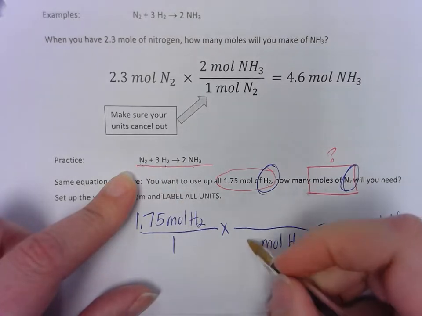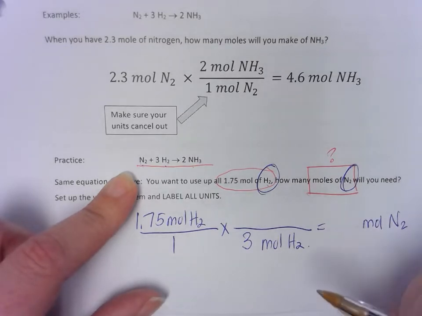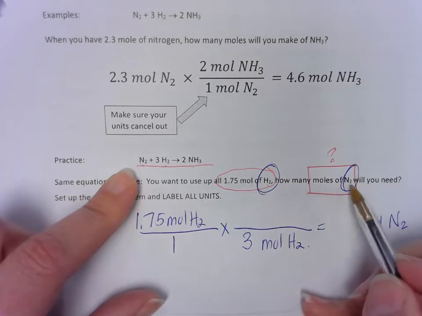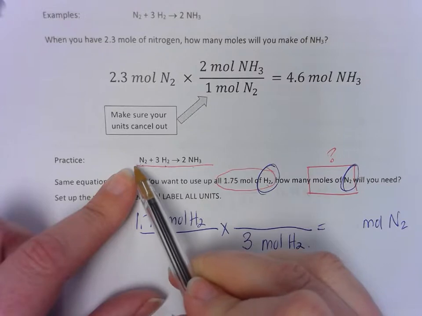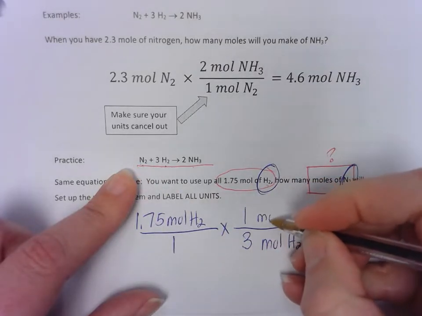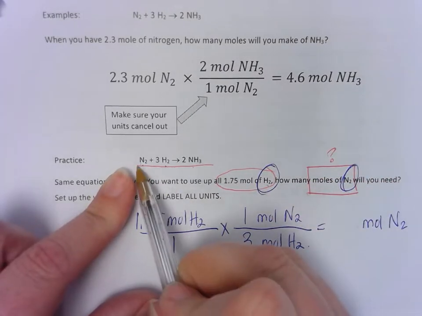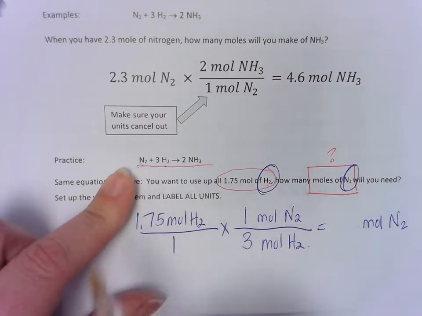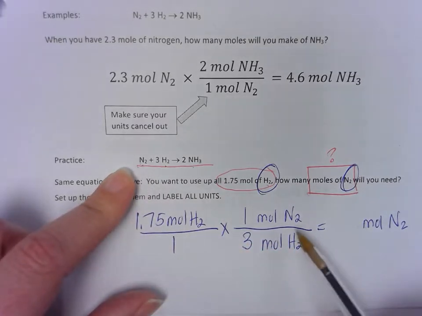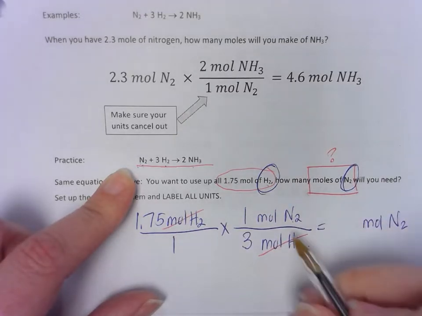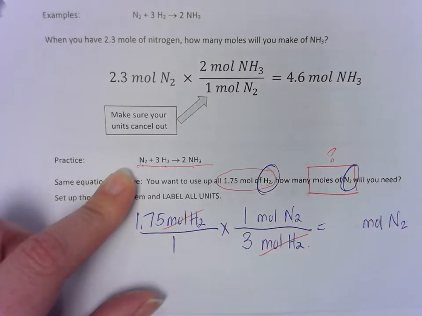In this case, it's 3, so we'll put the 3 there. And we are going to relate it to the N2, which is what we were asked to find, and we see that there is 1 mole of N2 in our balanced equation here. There's no number written, so that's an understood 1. So now we have the unit that we were asked to find. If you look back, we can cancel them. We cancel the moles of H2, we can't cancel this, so we're left with this as an answer.